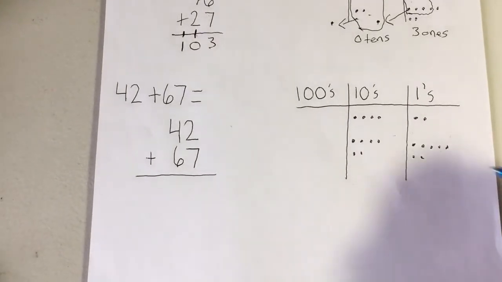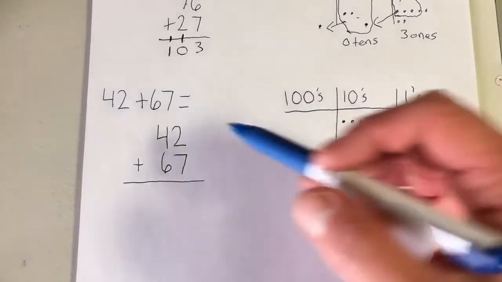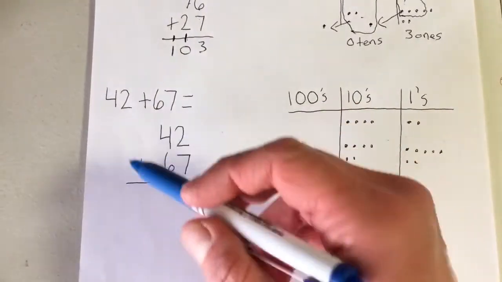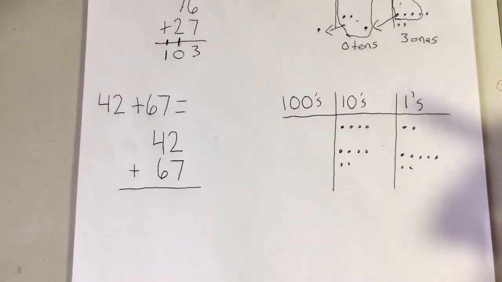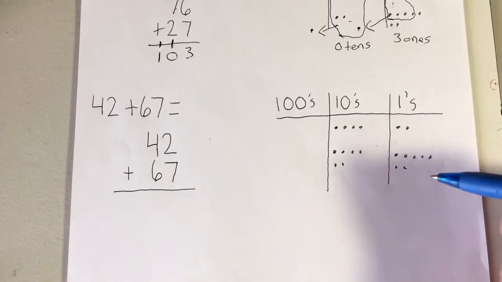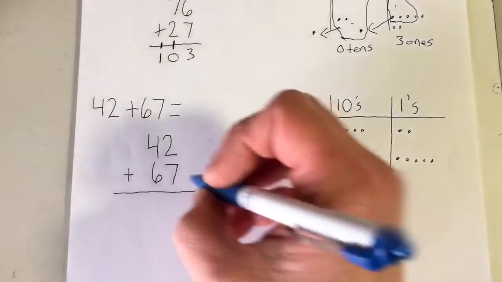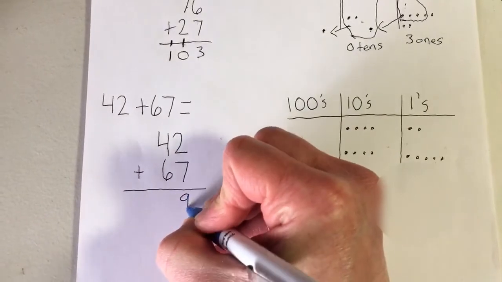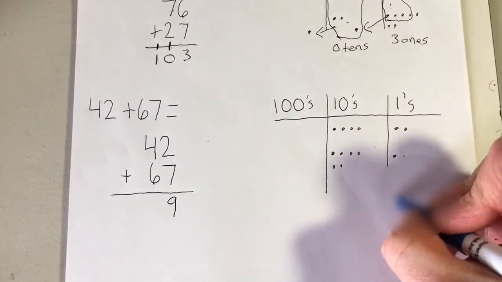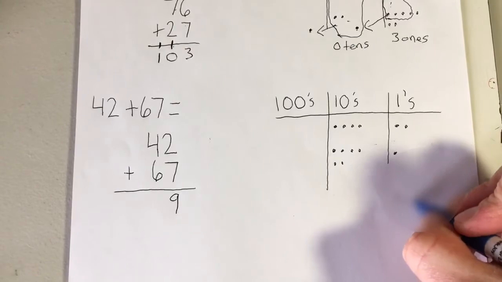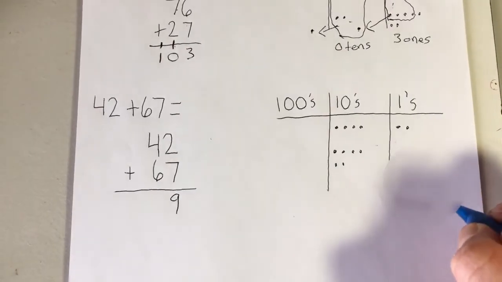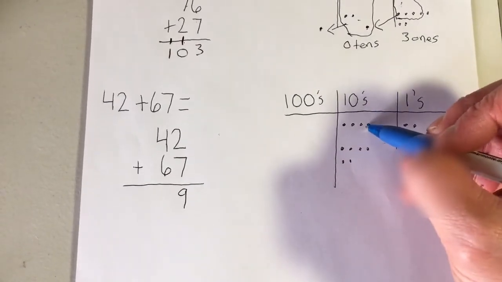Now I'm adding the ones place first. 2 plus 7. 2 plus 7 is 9. Now, do I need to compose a 10 or bundle? No, because I only have 9, so I could put that right there. So I have 9 ones.